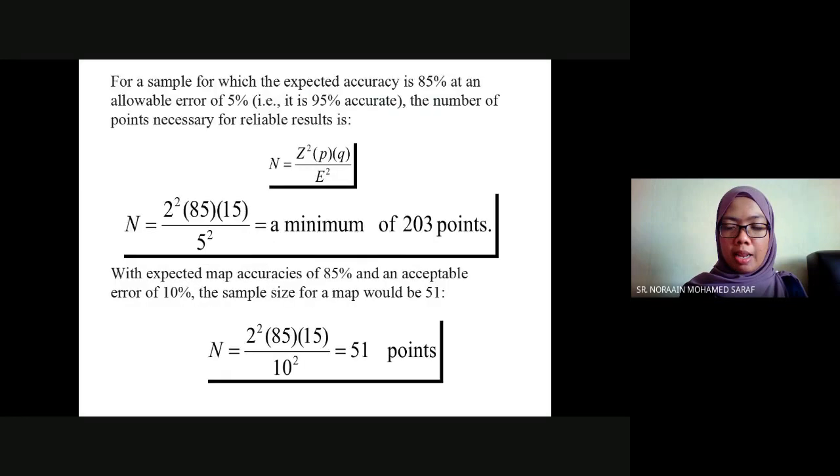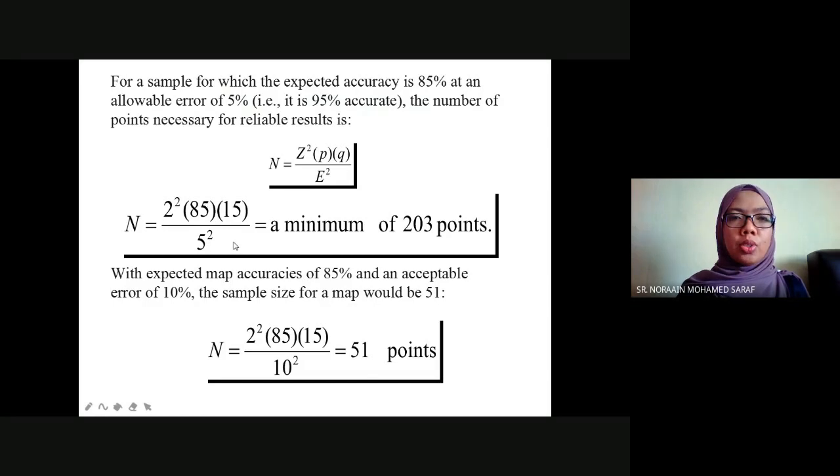Okay, for a sample for which the expected accuracy is 85% at an allowable error of 5%, for example, it is 95% accurate. The number of points necessary for a reliable result is 203 points.